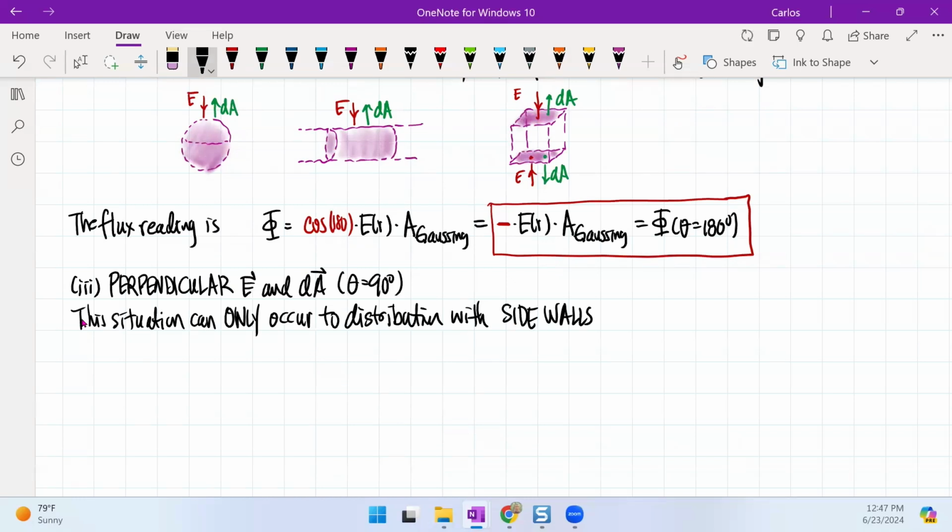Spheres don't have sidewalls. So that means here with sidewalls, which implies only cylinders and planes or and cubes.